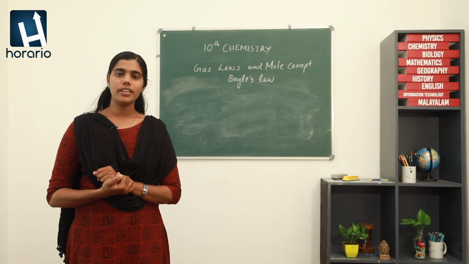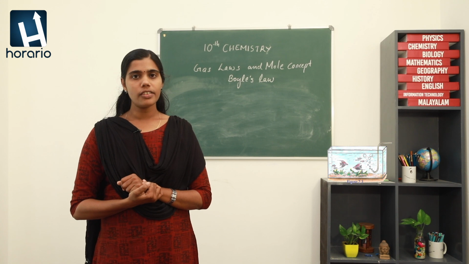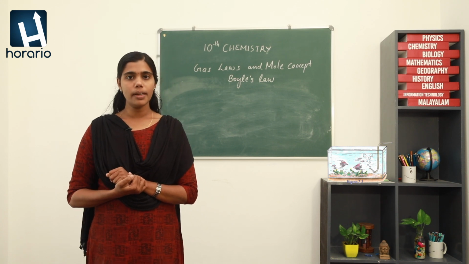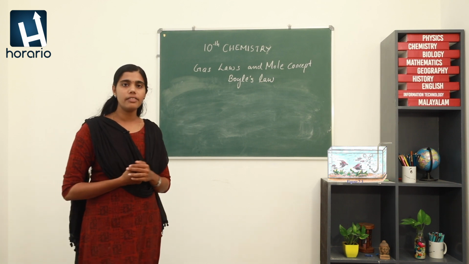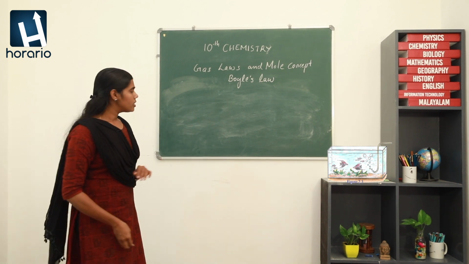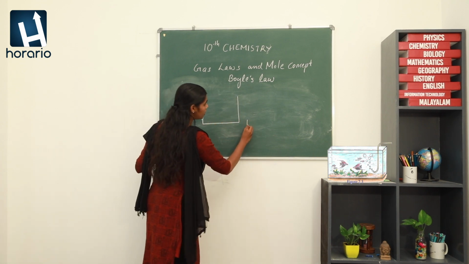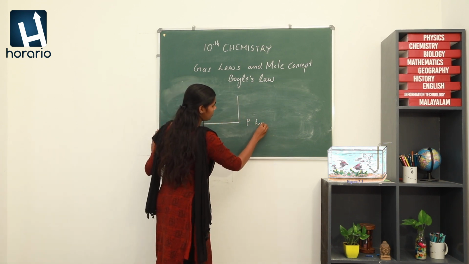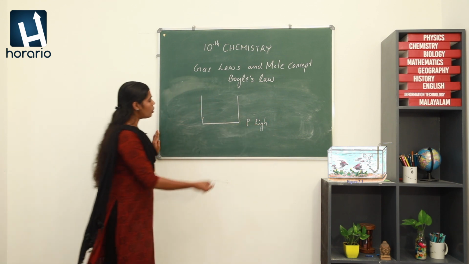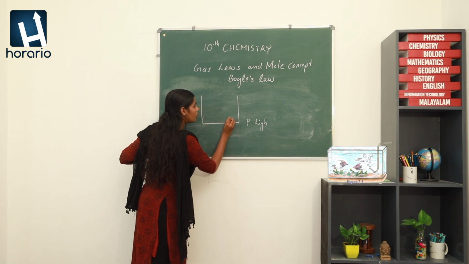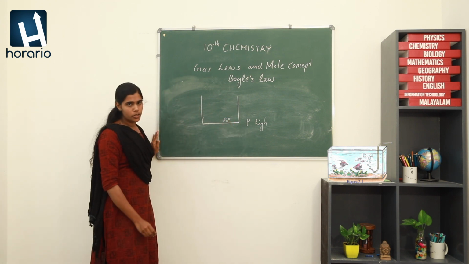There is a question in your textbook, page number 36. The air bubbles rising from the bottom of an aquarium increase in size. Why? We can explain the answer with the help of Boyle's Law. At the bottom of an aquarium, the pressure is very high, so the volume will be low due to the high pressure.